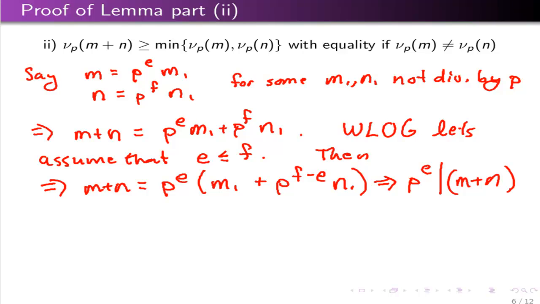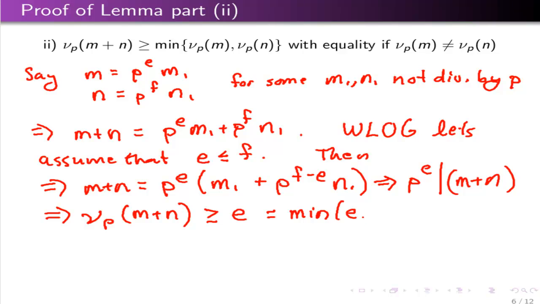And that means the largest power of p, so this means nu sub p, the largest power of p dividing m plus n, must be at least as large as e, because p to the e divides that number. Aha! What have we just said here? e is the minimum of e and f.